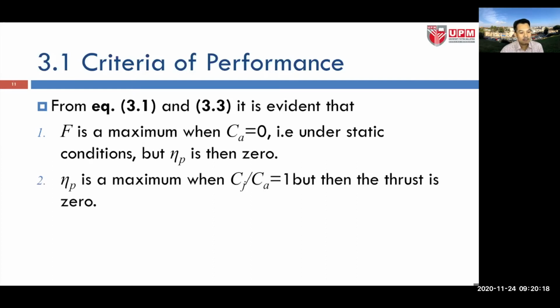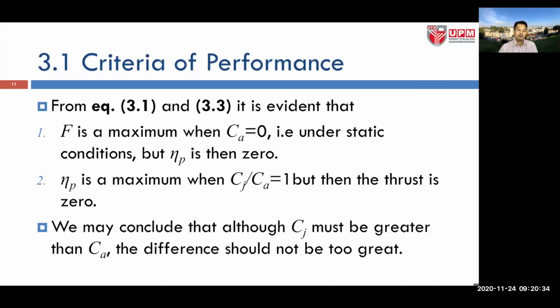And the propulsion efficiency becomes maximum when the exhaust jet velocity over the incoming air velocity equals 1, but then the thrust will be 0. All right. So we may conclude that although the exhaust velocity Cj must be greater than Ca, the difference should not be too great. So as an engine designer, you have to be able to see what is the best combination for your engine.